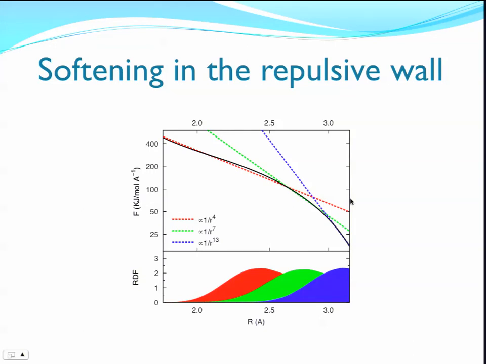It goes from a very steep behavior described by this line here to much softer and even softer behavior at shorter ranges. So as pressure pushes atoms towards each other, they start sampling these softer regions of the potential. And it's known that softer potentials produce lower melting temperatures. And this is actually the reason for anomalous behavior in sodium.